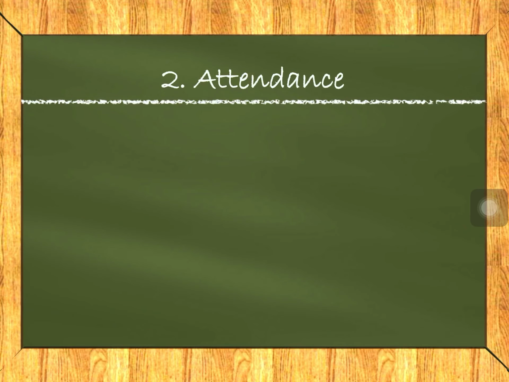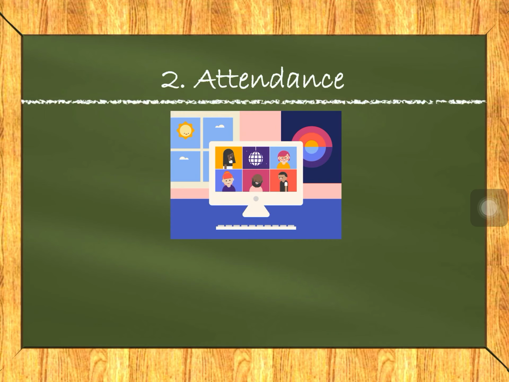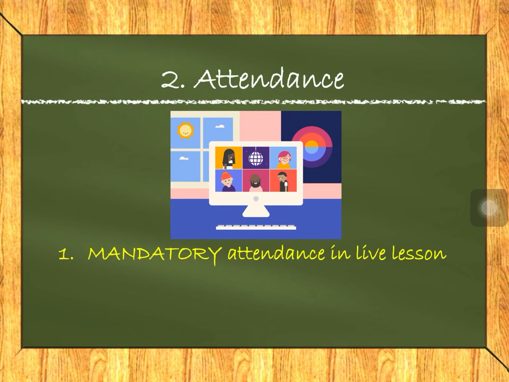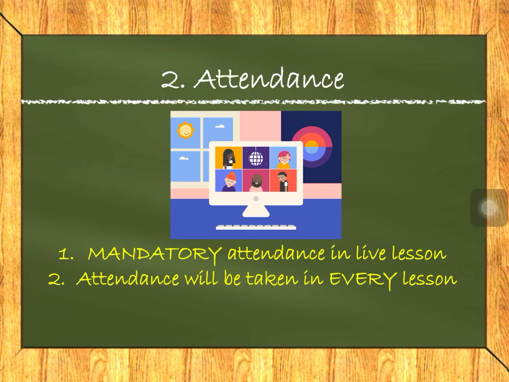Talking about attendance, I'm sure you'd like to be informed of the following important notes. First, attendance in live lessons, such as Zoom or Google Meets and the like, is necessary. It's mandatory. Attendance will be taken every lesson, and absence will go to the school records.